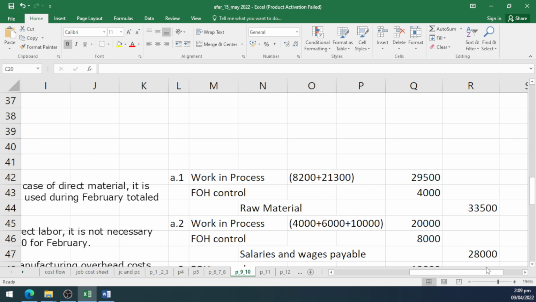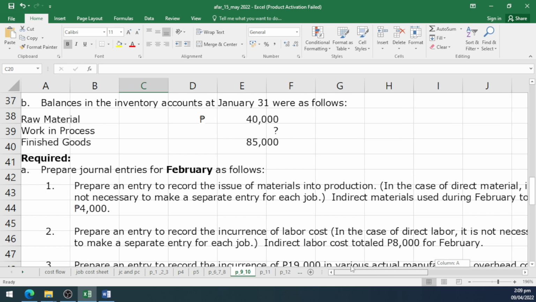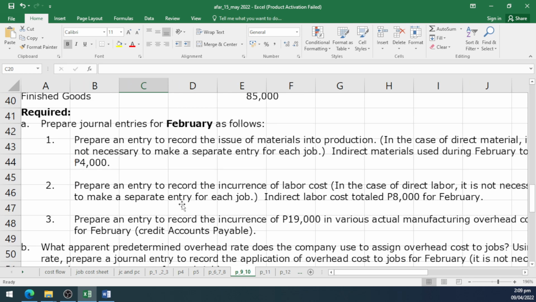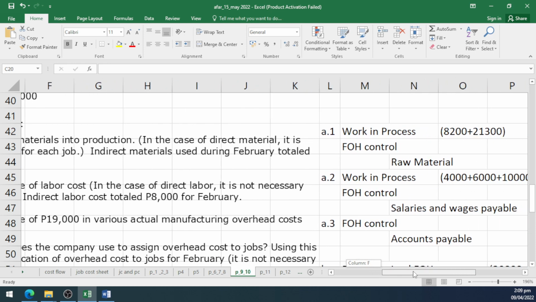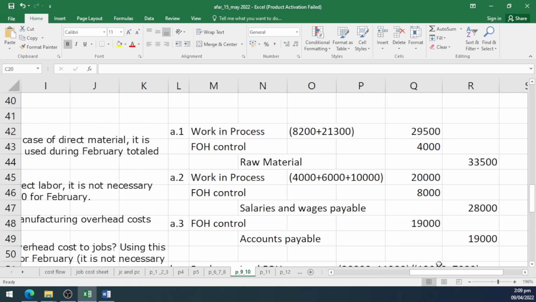Now for our direct labor. A number 2. Prepare an entry to record the incurrence of labor cost. And the indirect labor cost is 8,000 for February. Okay, so you will see these 4,000, 6,000, and 10,000 in the job cost sheet for February. 205, 206, 207 respectively, 4,000, 6,000, and 10,000.